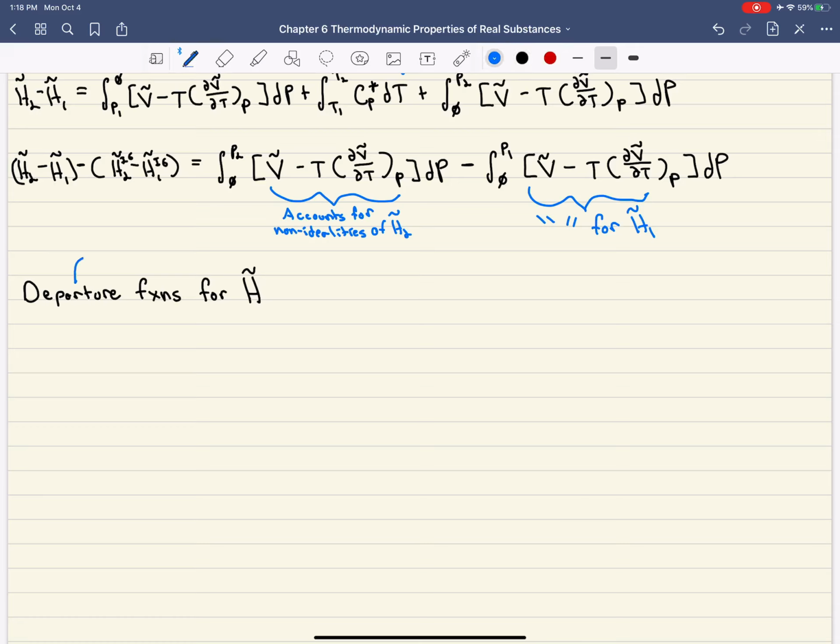And the departure here means that we're departing from ideal gas conditions. Okay? And so to generalize the departure function, whether it's your outlet or your inlet, its mathematical form is going to have this structure, where you go from 0 pressure to whatever pressure your stream is actually at. That's going to look like this.